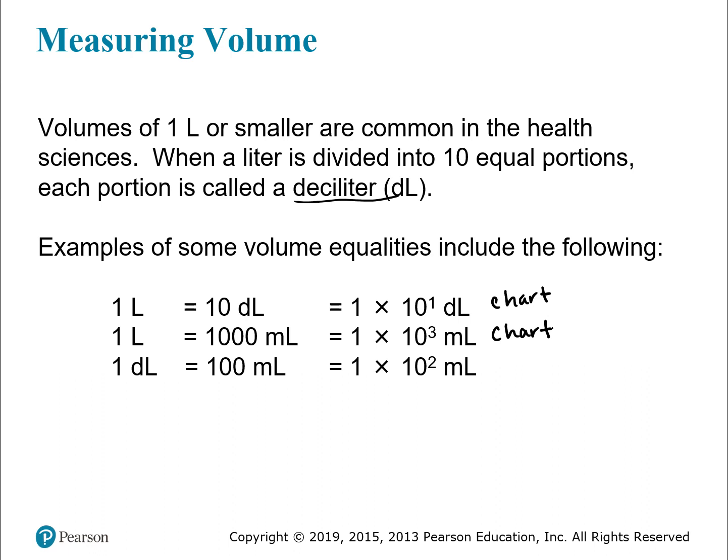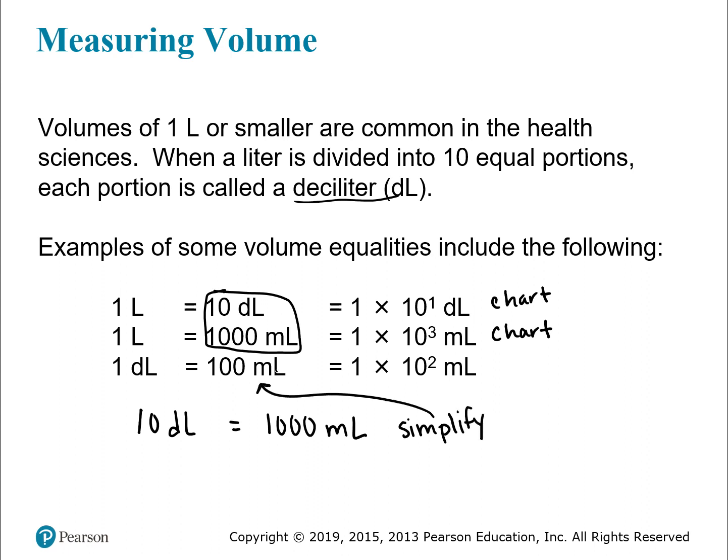Then you take these 2 pieces, because they must also be equal, and say that 10 deciliters is equal to 1,000 milliliters. And you can simplify that down to 1 deciliter is equal to 100 milliliters just by dividing by 10 on both sides.